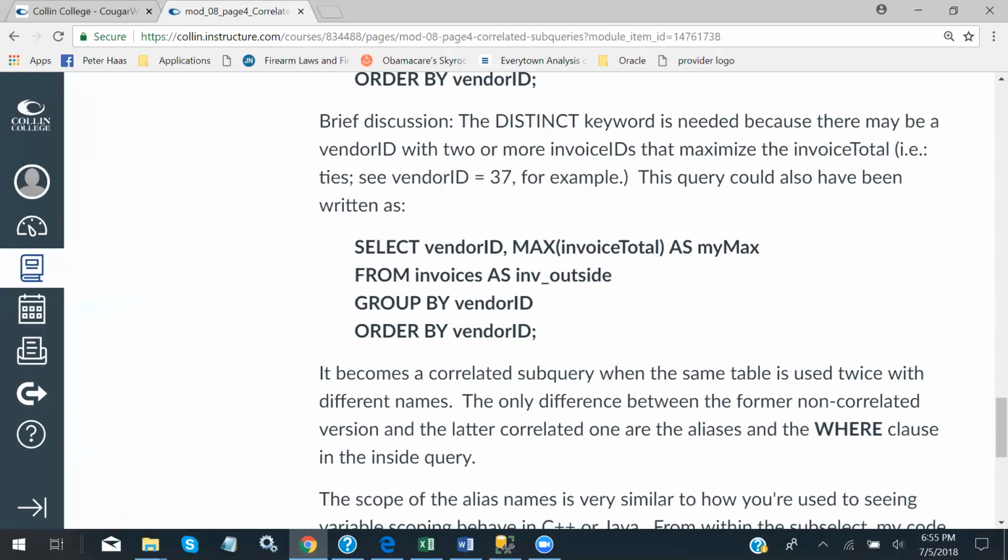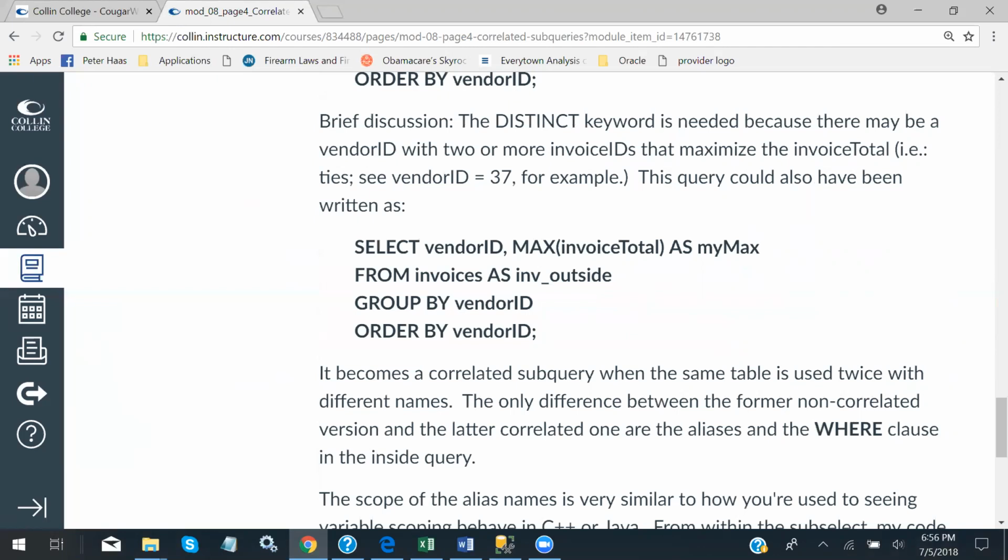Let me grab my textbook here. This is the idea of correlated subqueries.